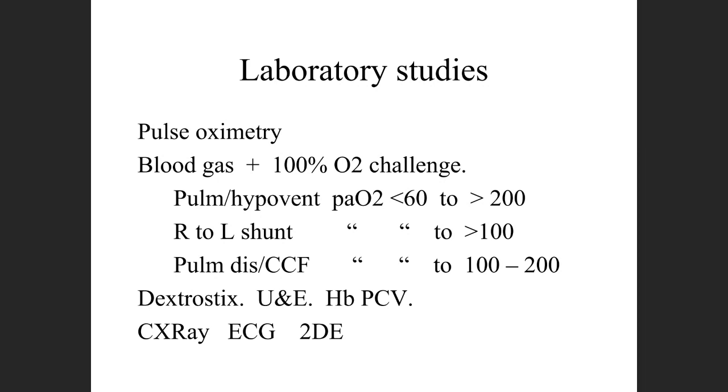Urea and electrolytes would also be done, and the hemoglobin and hematocrit would be indicated in these patients with cyanosis. A chest X-ray would be required, as well as an ECG and an echocardiogram.